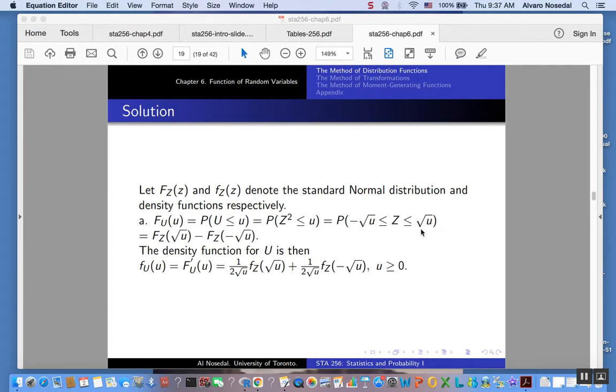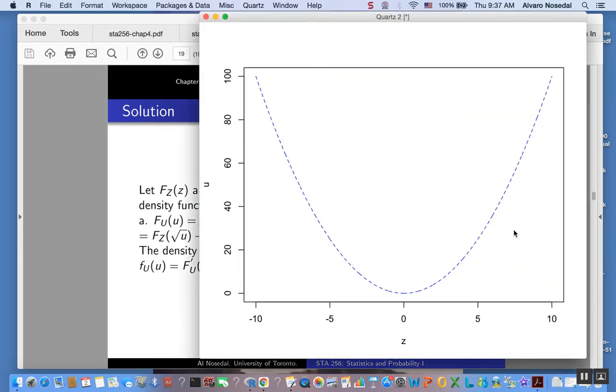And to give you some intuition behind that, to see it graphically, I prepared a graph. So here's z, here's your transformation U, which is z squared, a beautiful parabola.